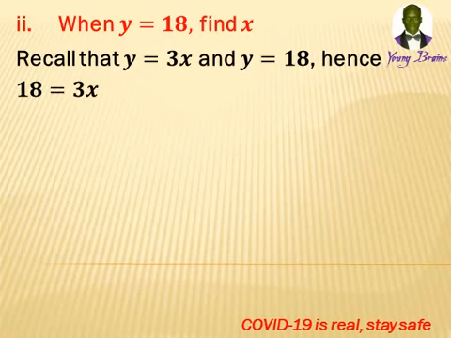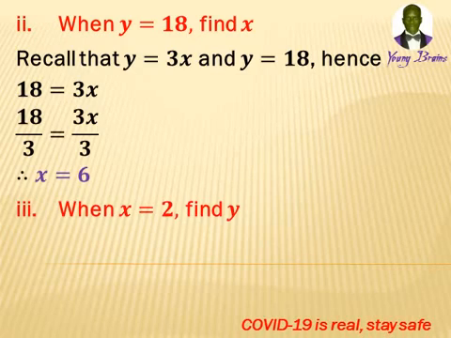So we substitute for y. We have 18 equals 3x. To find x, we divide both sides by the coefficient of x, which is 3. So we have 18 divided by 3 equals 3x divided by 3. Therefore, our x is equal to 6.